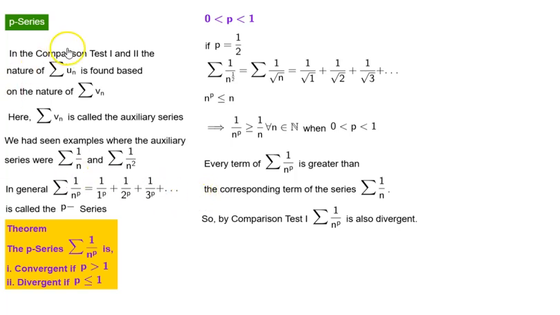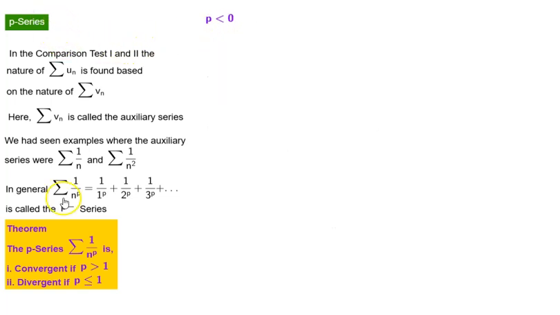Okay, now let's look at the last case. That is when p is less than 0. So when it is less than 0, what do we have? It will look like this. Series 1 by n to the power of minus 2, let's say if p is equal to minus 2, is equal to 1 by 1 to the power of minus 2 plus 1 by 2 to the power of minus 2 plus 1 by 3 to the power of minus 2 and so on.